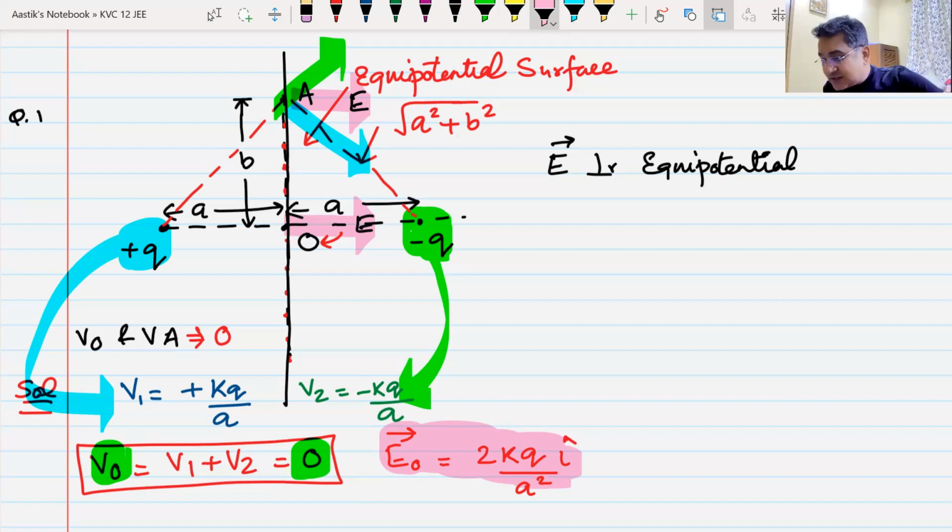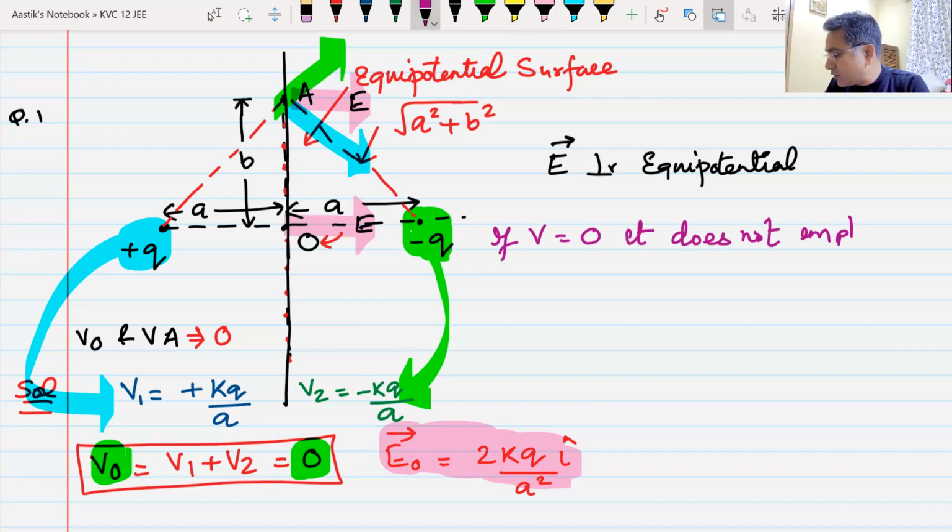The point that you have to understand here is, if potential at any point is 0, it does not imply what? It does not imply that electric field is 0.